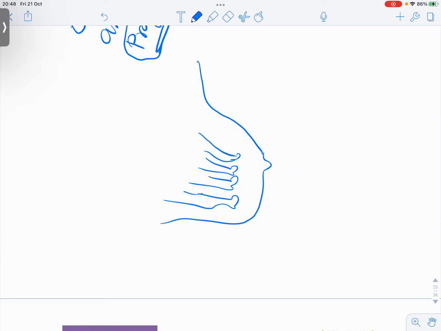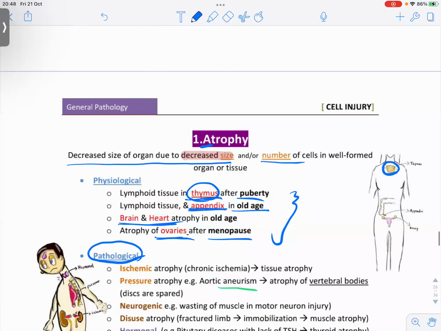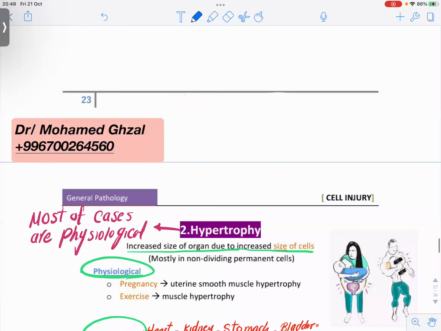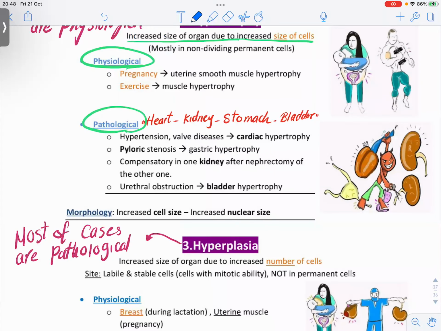So the ducts, under the effect of female sex hormones, will increase in size. So it's completely normal. It's physiological. So physiological examples: muscle hypertrophy, uterine smooth muscle hypertrophy, and also in the breast.